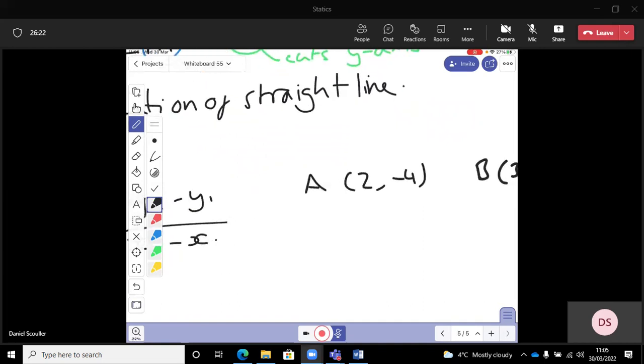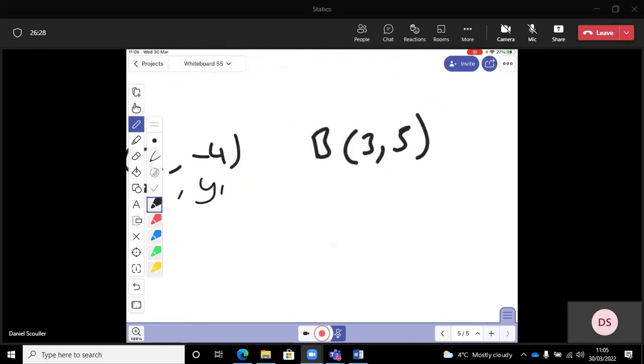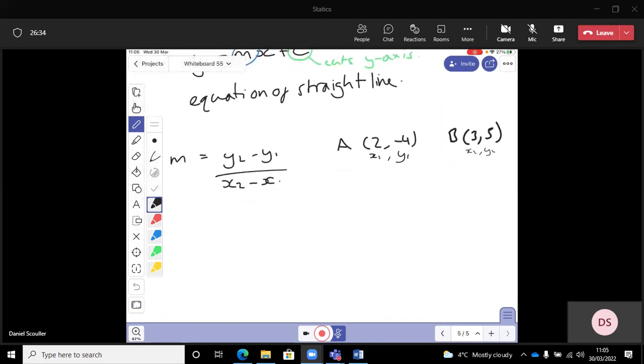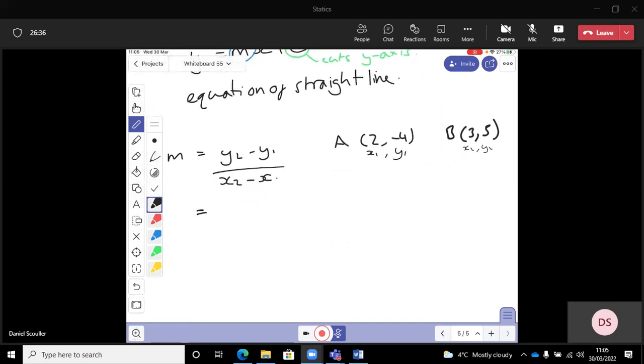Okay, that is x1, y1, that is your x2, y2. And we're just substituting that in. So y2 is 5 minus 4. x2 is 3 minus 2.